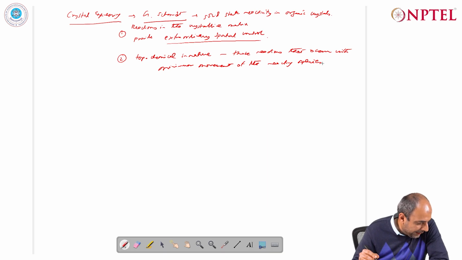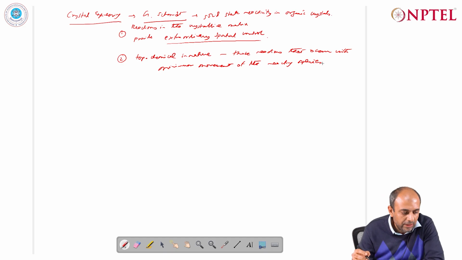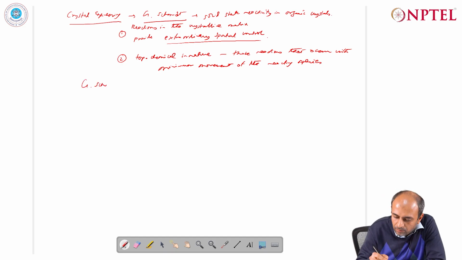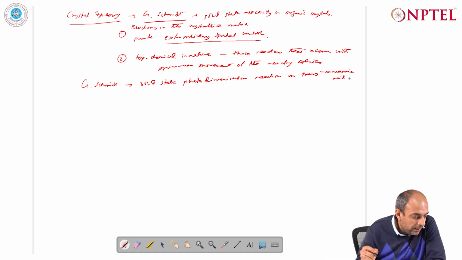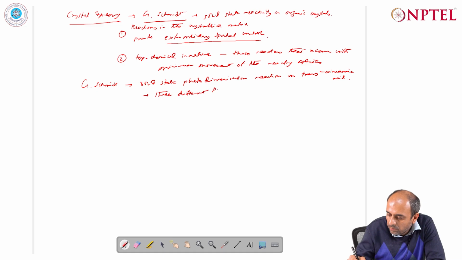So keeping this in mind, Gerhard Schmidt first performed solid state photodimerization reactions on trans cinnamic acid. Trans cinnamic acid crystallizes to start with in 3 different polymorphs.